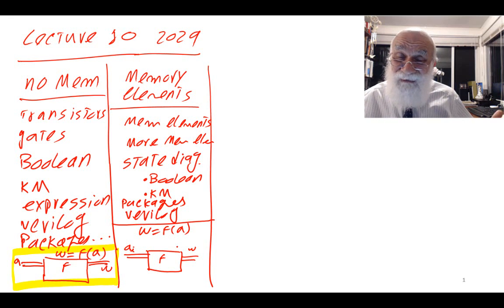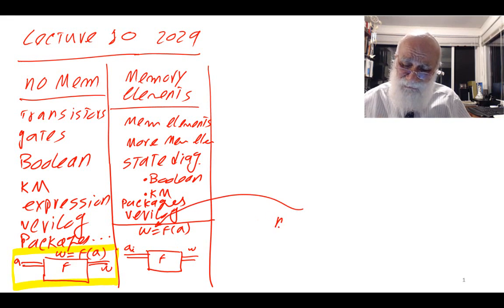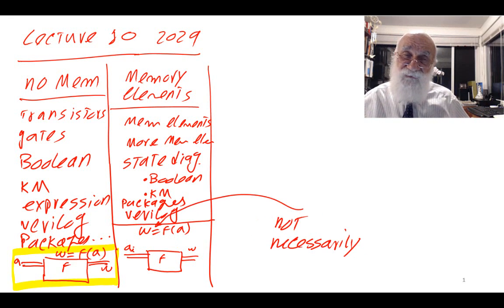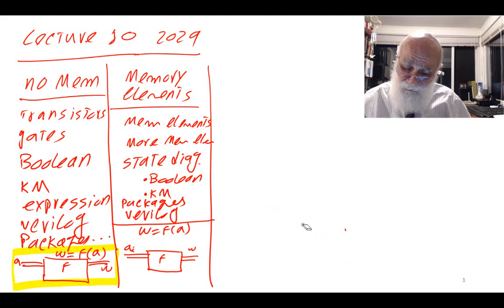Then you find that this output is also different. What it means is that I cannot just say that W is a function of the input. W is not necessarily a function of the present input. And this is what we are dealing with right now. So I just write here: not necessarily.